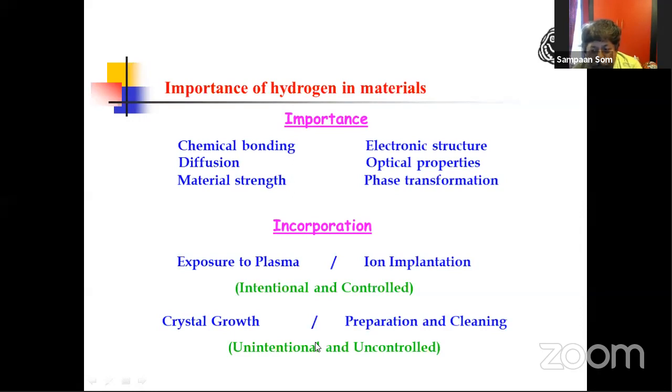Take my words, I repeat, we live with the situation. Even in our hands, some moisture will always be there. We don't consider it because we can't count it. It is so small, but still it is there. Likewise, in any material, the presence of some amount of hydrogen is almost inevitable, unavoidable. And its importance lies in chemical bonding, diffusion, material strength, etc. Electronic structure, optical properties.